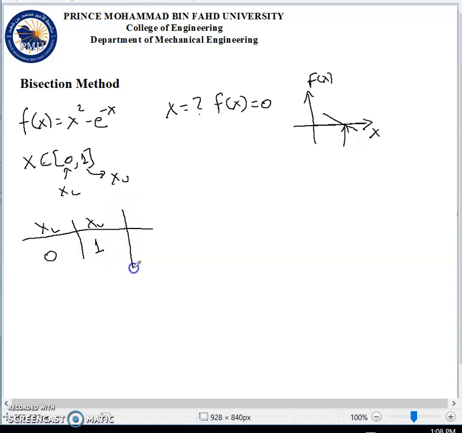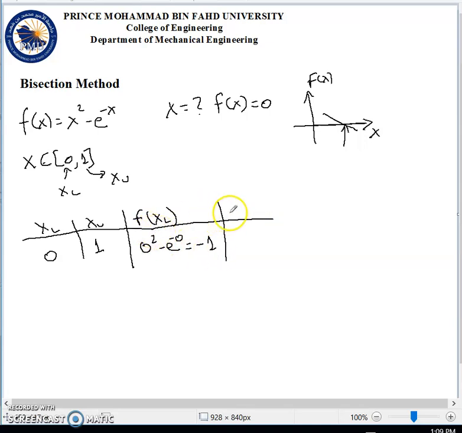The next thing we want to find is the value of the function at these two boundaries. So the function at xl, we'll substitute xl in our function: 0 squared minus e to the minus 0, which equals minus 1.